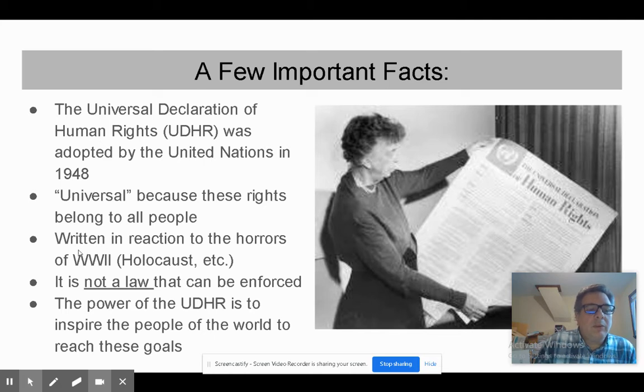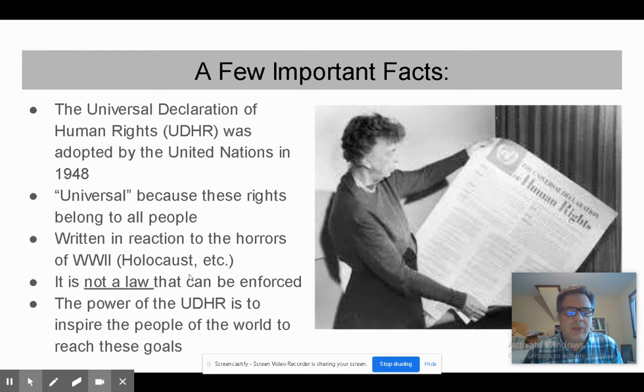It was written in reaction to the horrors of World War II. So many people died needlessly. The worst example, the most horrific, was the death camps during the Holocaust of the Jews in Germany.